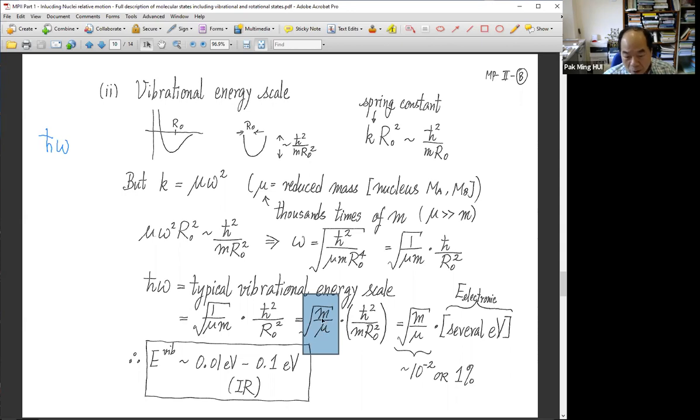So all in all, you will have this being a small number, and 1% is a good estimate. This term already estimate that is the binding energy, several eV. So the answer is h bar omega is 1% of the binding energy, okay? So we have that, and that is in the infrared.